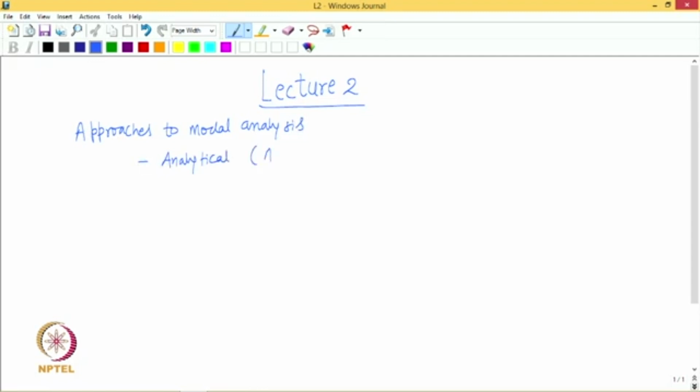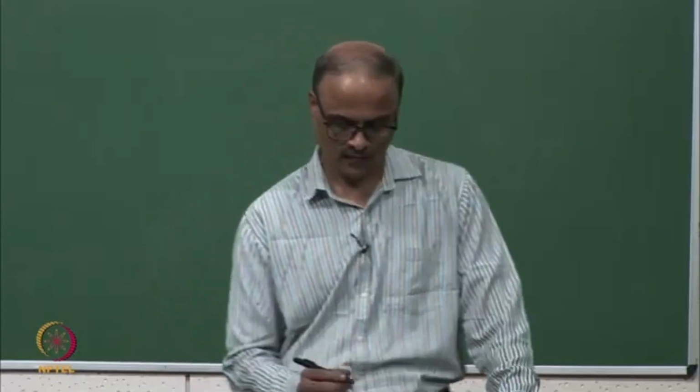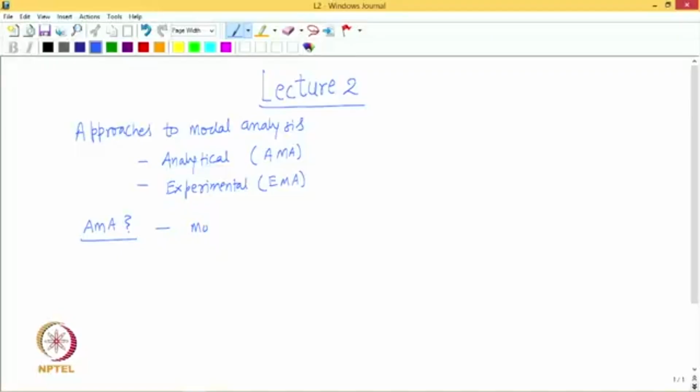We will refer to this as analytical model analysis or AMA, and the other is the experimental approach, which we will refer to as EMA. So, what is analytical model analysis? Analytical model analysis is based on a mathematical model of the system, which is in the form of a spatial model.